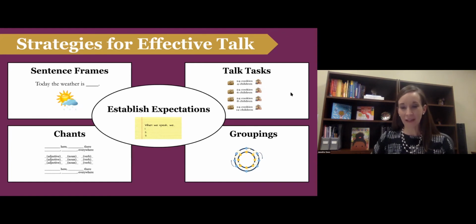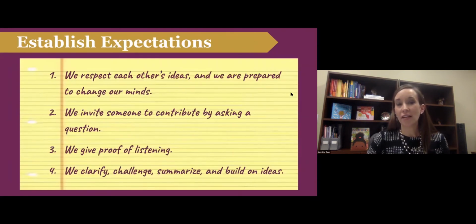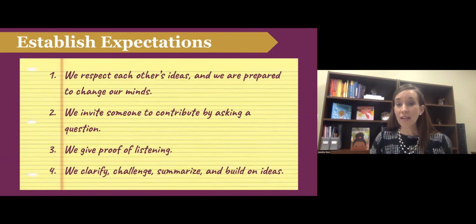So to jump in, our first strategy is to establish expectations with your students, very much based on the discussion guidelines we saw in that video. Do your students know what's expected of them when they have a turn and talk with a partner, or a small group discussion, or a large group discussion? If not, take some time to think about what your expectations are.